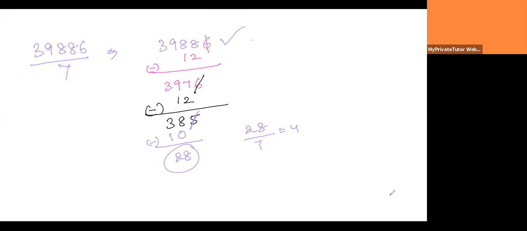So let's go to the next one. What is the divisibility rule for 8? So the divisibility rule for 8 is a little different compared to the others.